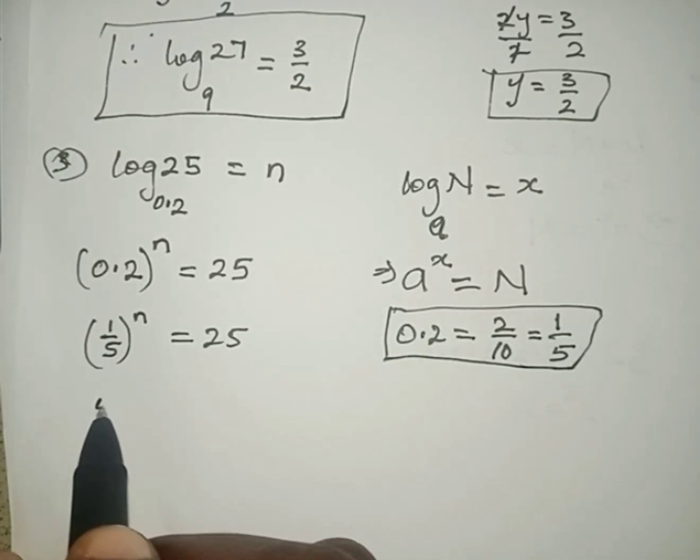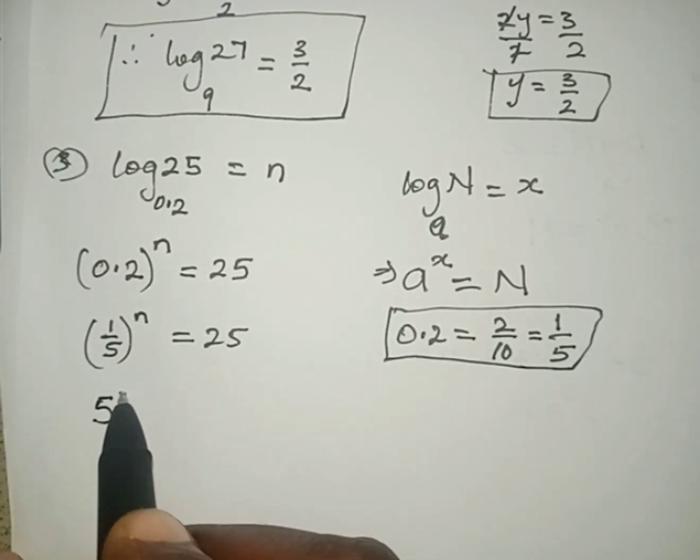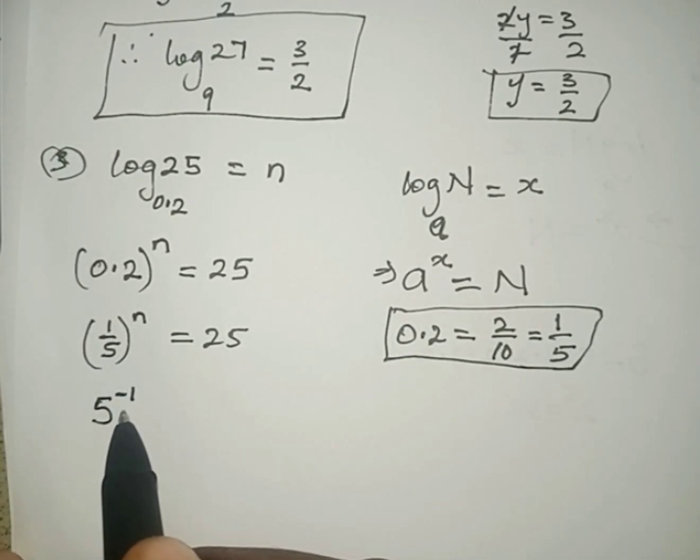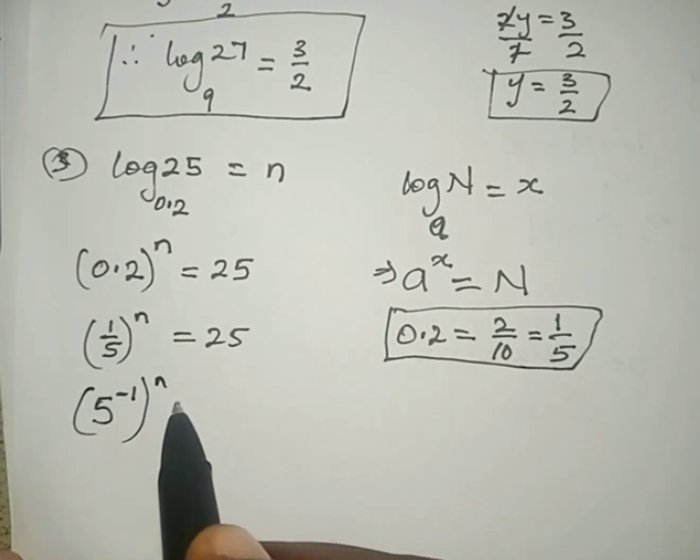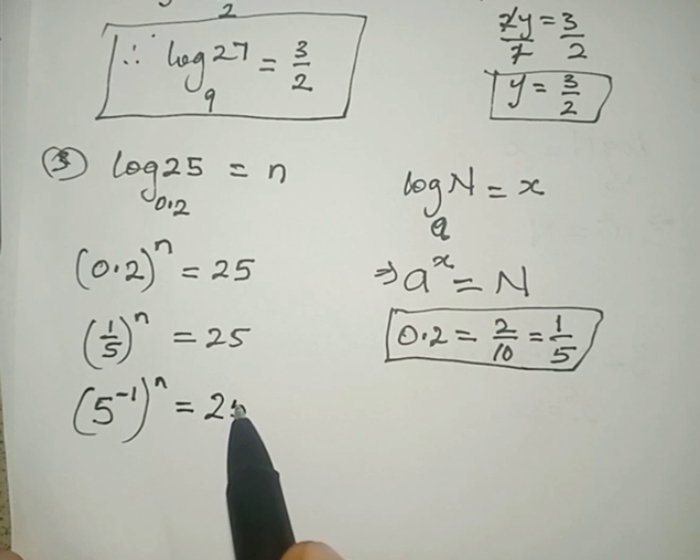So we have 5 raised to power minus 1, because 1 over 5 is the same thing as 5 raised to power minus 1, raised to power n equals 25.